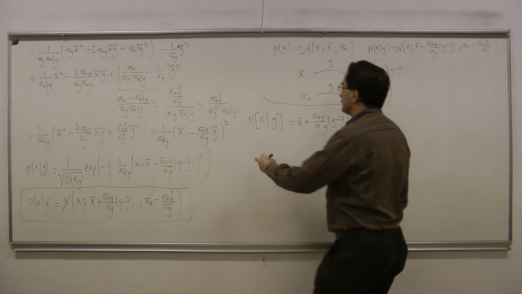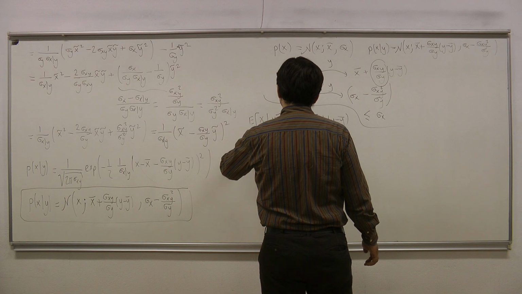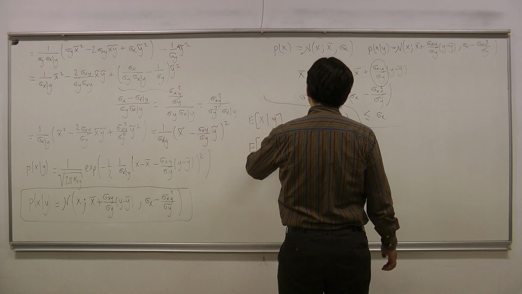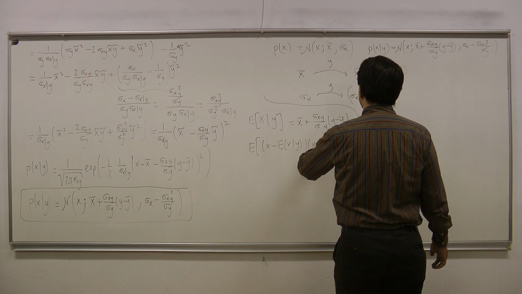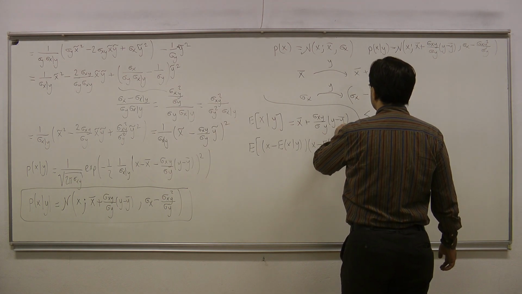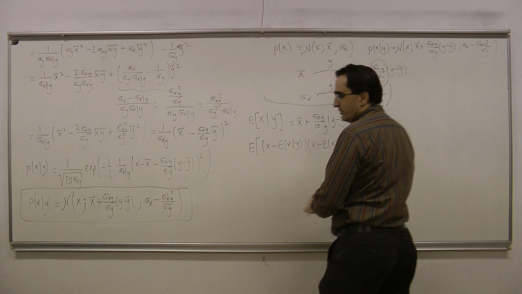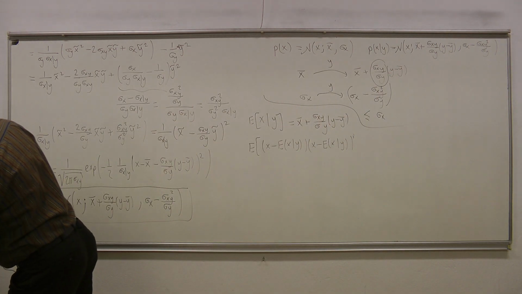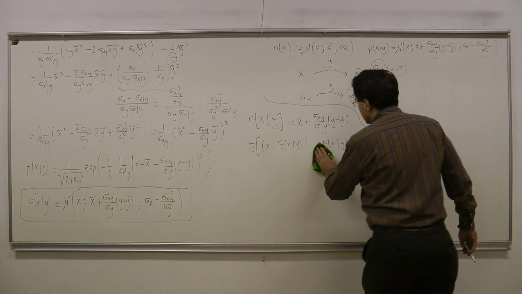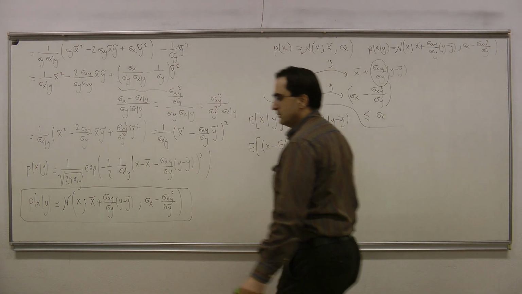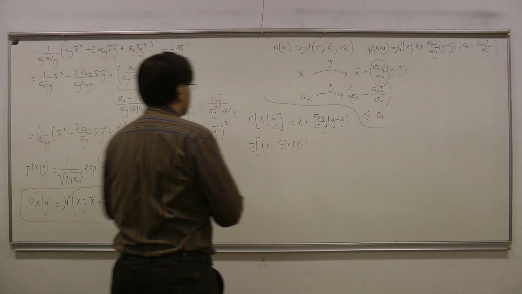And the covariance of x minus expected value of x given y, x minus expected value of x given y, transpose. I should not write the transpose here, because this is already a scalar. It's correct, but still, it's a waste of characters.